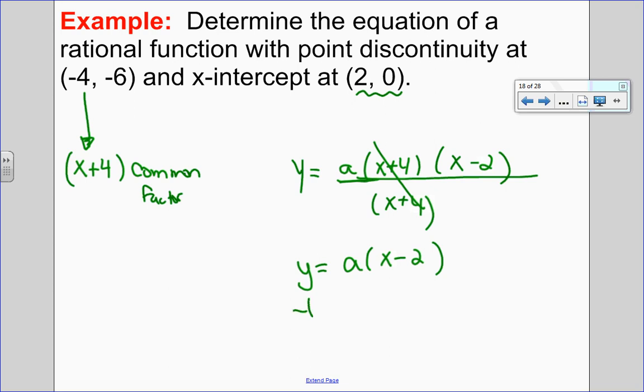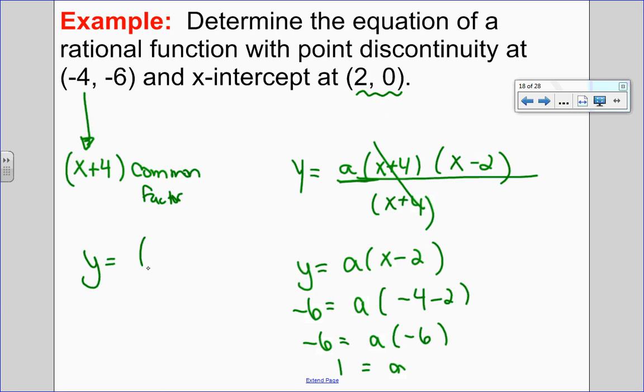So y equals a times negative 4 minus 2. So negative 6 equals a times negative 6, which means my a value is 1. So putting it all together, the equation that has a point of discontinuity at negative 4, negative 6, and an x-intercept at 2 would be this function here.